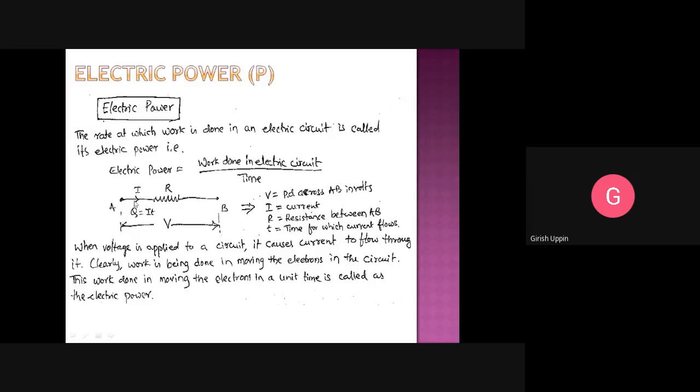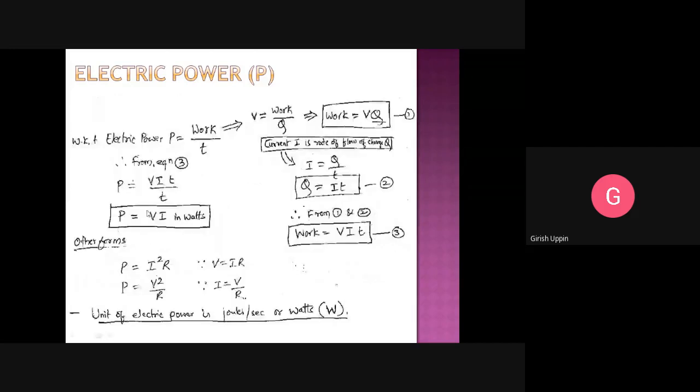Now, consider this example: we have a resistor and current I is flowing through it, and at its ends, the nodes A and B, we have a potential or voltage applied, that is V. In this circuit, electric power is represented with a capital P. Potential can be represented with a capital V or capital E, and in a DC circuit we represent all the elements using capital letters.